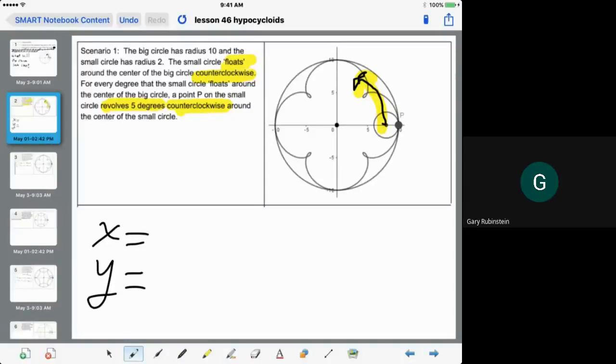And that's right. It is like yesterday's equation, but for the equation of how the center is moving, it's going to have 8 here, 10 minus 2 instead of 10 plus 2.